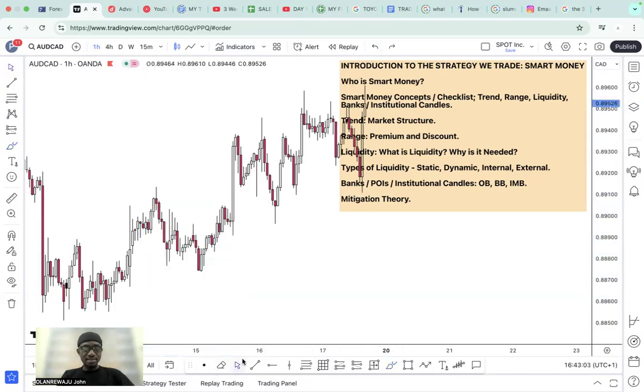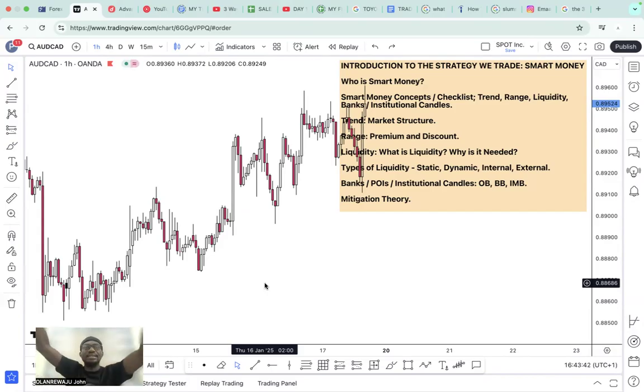So there is a school of thought that believes that these guys sometimes manipulate the market, in the sense that when they want to buy, they deceive people to sell. Because this is a market whereby if somebody is buying, somebody must be selling before the person buying can make money. I am a bank. If I want to make money in forex off Nigerians, off anybody in any country, they must be doing the opposite of what I'm doing, because that's the way we make money. All of us can't be buying.